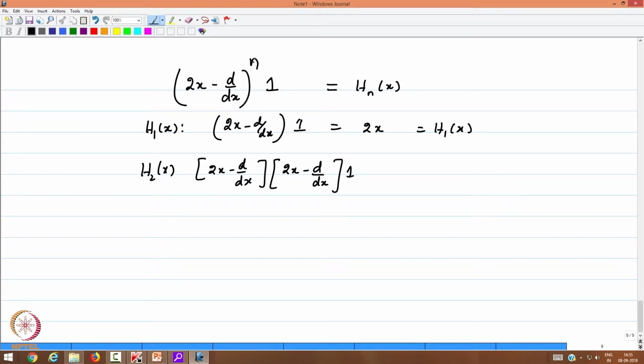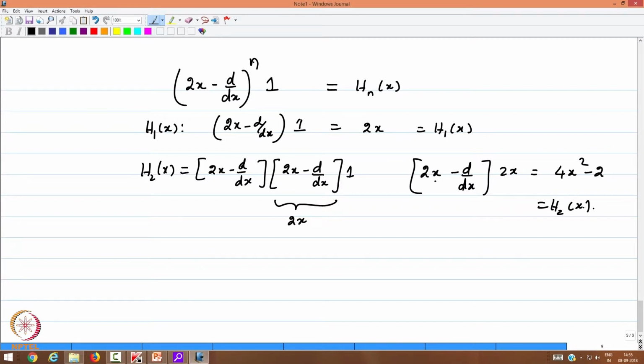Remember, n is 2. Therefore, when you have operators like this with the power, it means essentially operating them one after the other. So, here you know that this will give you 2x from the previous result. Now you have 2x minus d by dx acting on 2x, which gives you 4x square minus 2, and that is equal to H2 of x.